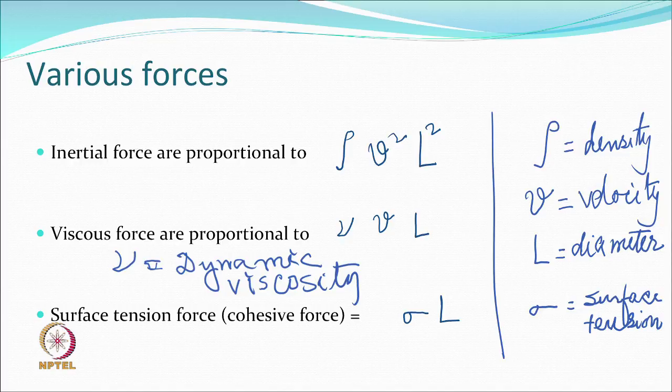These are related to the density of the liquid, the velocity at which the mass is being ejected, and L generally may be related to length, or we can say the diameter of a drop also could be related to that. So, one is that you have the nozzle and the diameter of a nozzle.